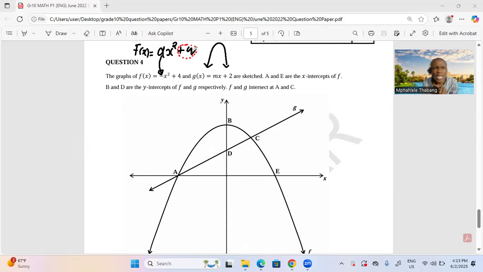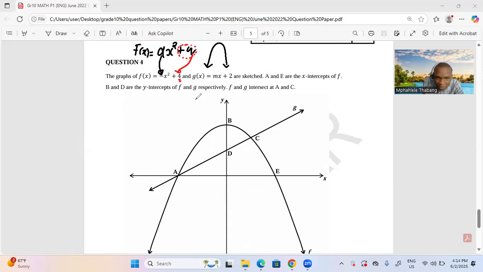And that y turning point is also the y-intercept. What I'm saying is that my graph cuts exactly at the y-axis. So let us look, q is 4. It means that the graph is going to turn at 4. This 4 represents the turning point and also the y-intercept.